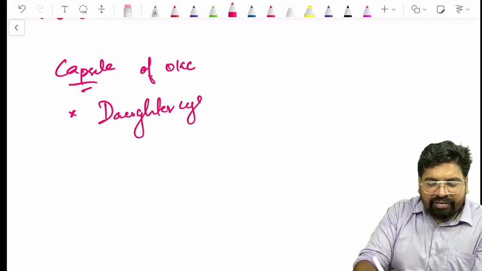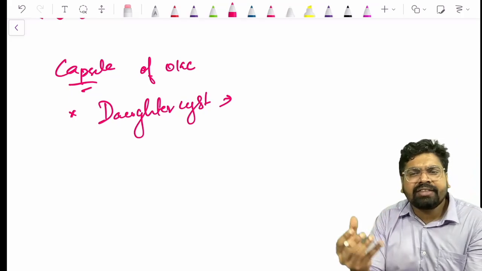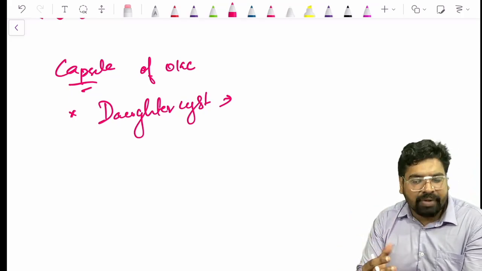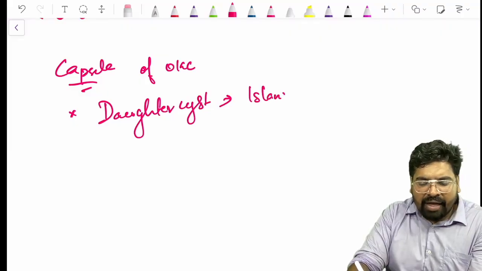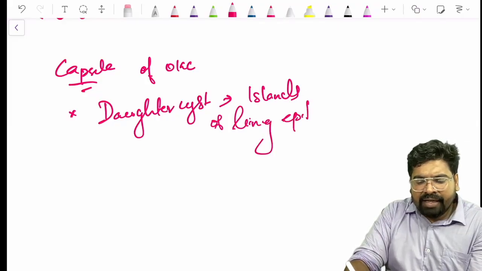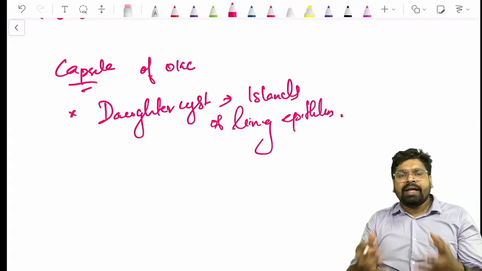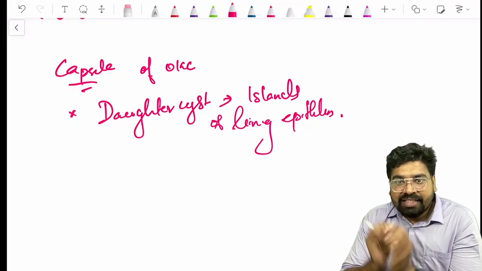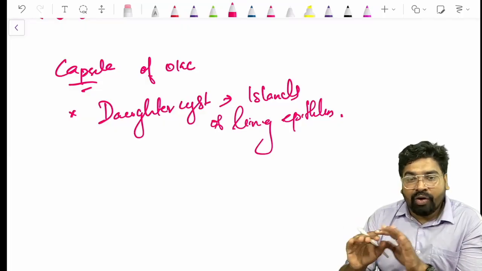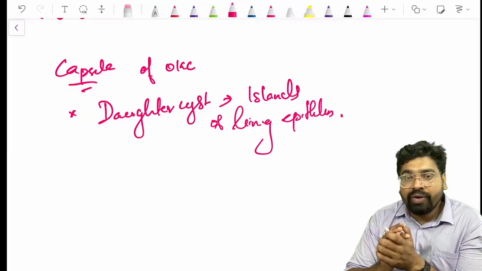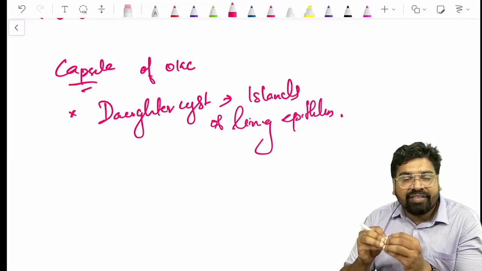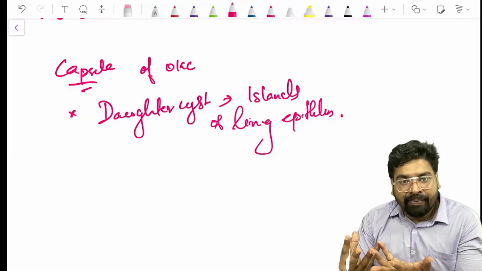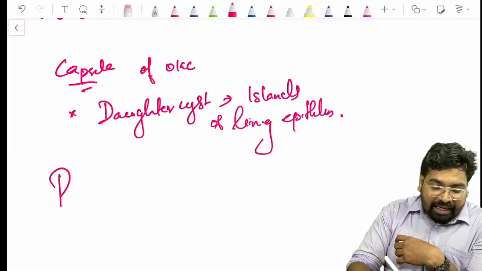Daughter cyst means small islands of odontogenic epithelium, or this lining epithelium, the epithelium which is forming this cyst, will be present in the capsule. And these islands will cause a problem. If the OKC is not completely removed, what happens? These islands will be present there and they will form OKC again. So that will cause recurrence.